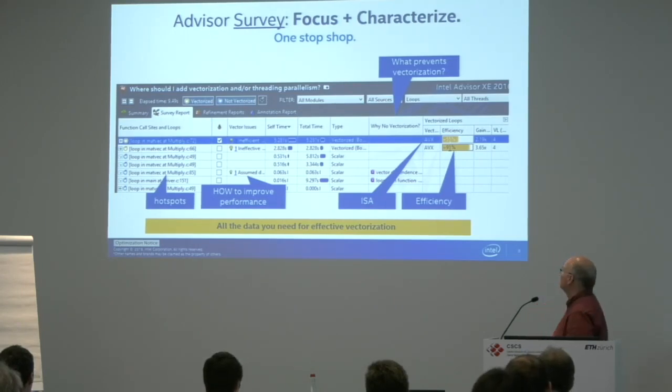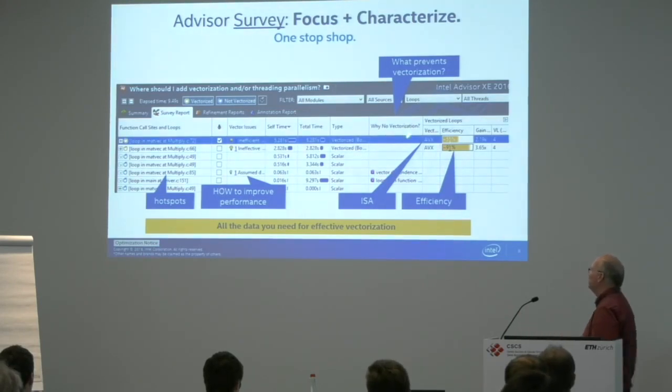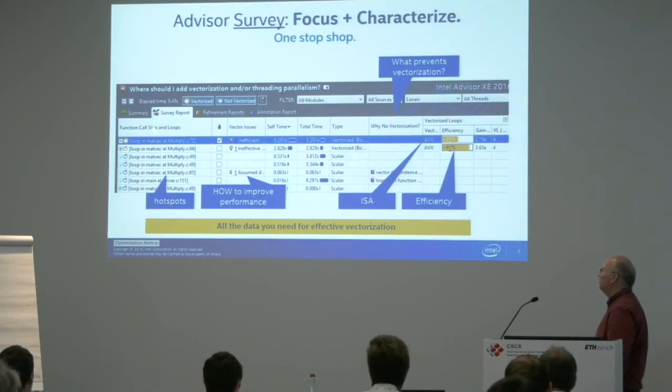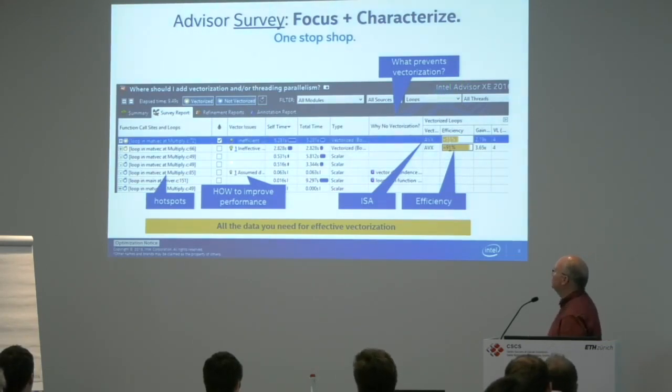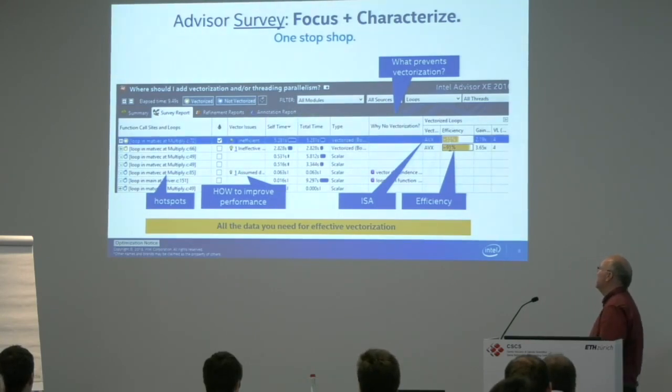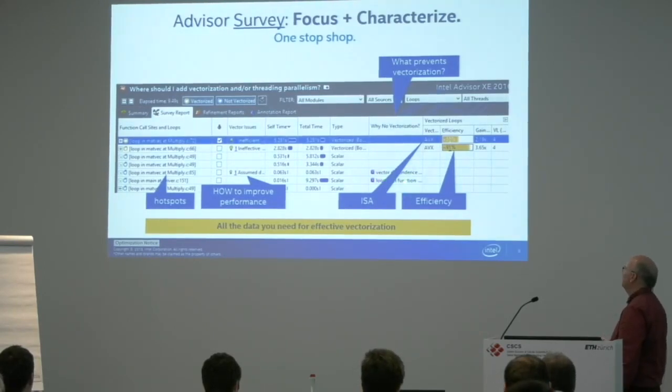If you just take the survey here, and we had this picture smaller even before, you see the hotspots, you see the vector issues, the total time, the type of loops. So we have here a vectorized body and scalar loops. Here, why not vectorized: the vector dependency or loop, and function in loop.